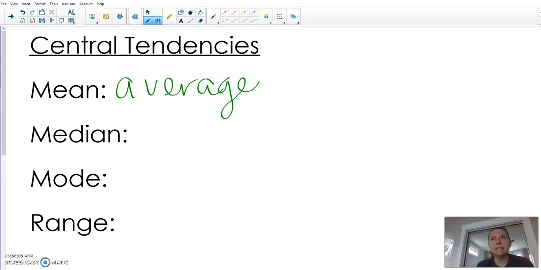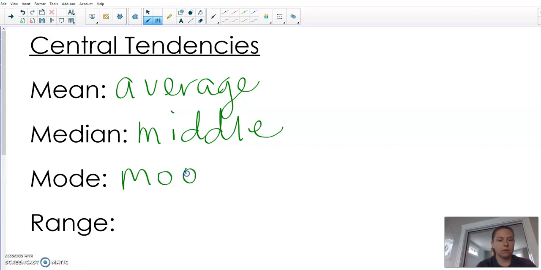I always say median is the middle. So always think of median as your middle. Then we have the mode, and I think of most. Kind of like this, but that's obviously not how it's spelled. Mode is the most.